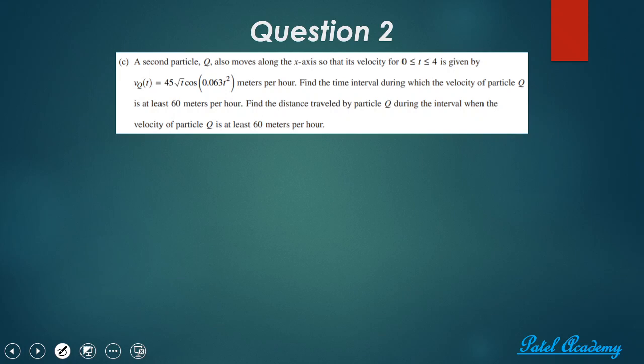Moving on to question number 2, part C. A second particle Q has a velocity equation given, and it's between the time interval 0 to 4. So we're trying to find the interval during which the velocity of this particle is at least 60. Now, if we plug this into our calculator, if we plug in v sub Q of t and then we solve it to equal 60, we get the following roots.